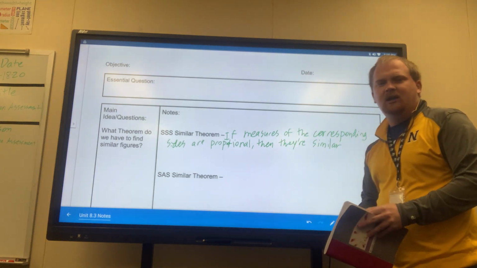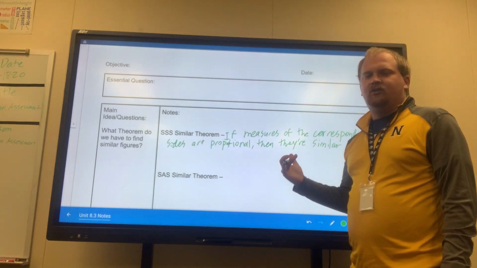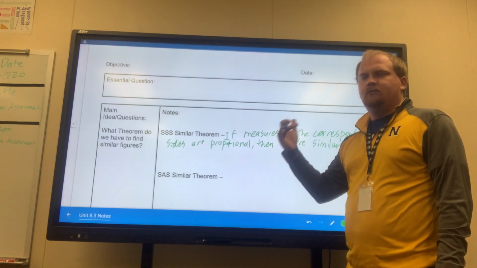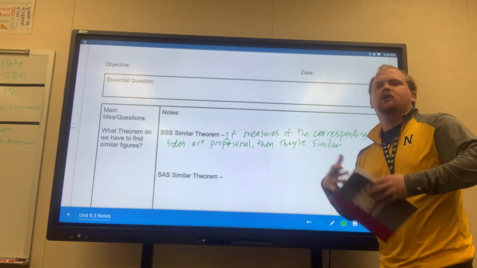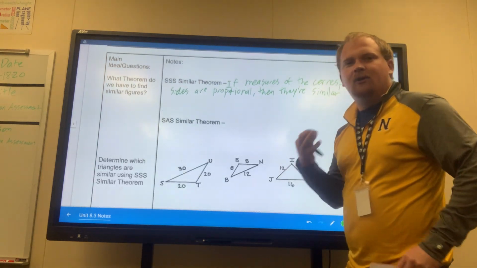Which basically means that if all three sides are proportional, they're similar figures. Okay? But that's given all three sides.